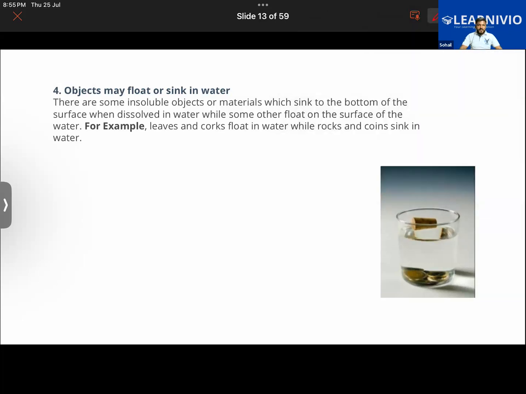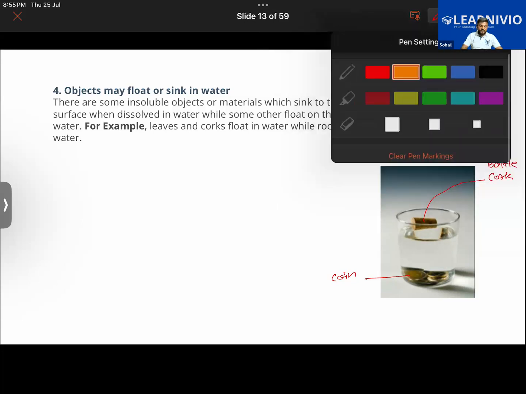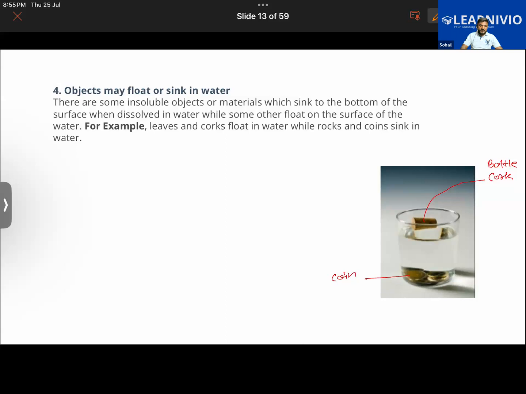Furthermore, based on whether an object would be floating on the water or sinking in the water, for example, in this glass of water, you have two objects. You have some coins and you have a bottle cork. You know about bottle cork? It's a very spongy and soft wood, usually used to close alcohol bottles.